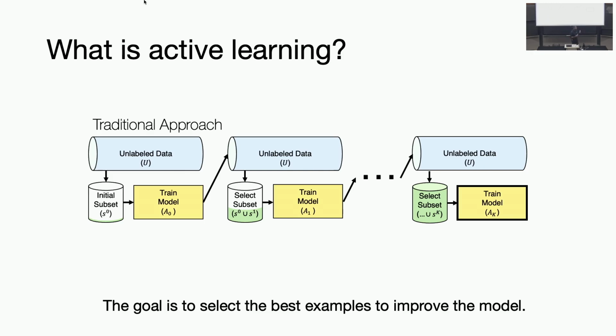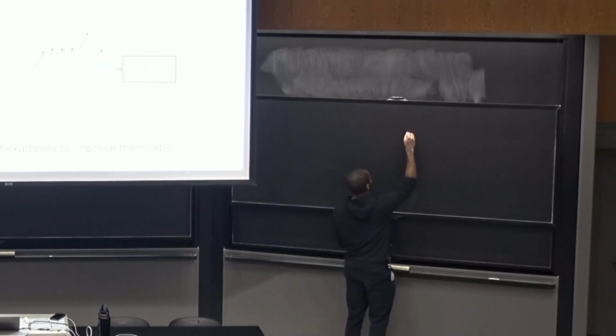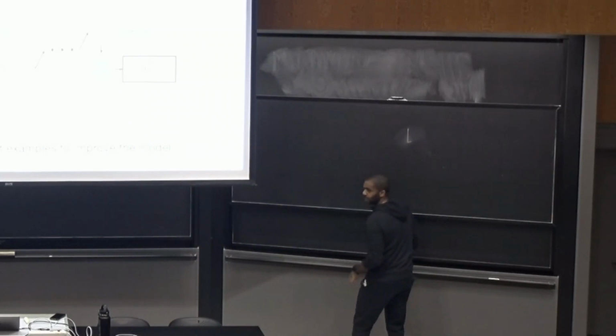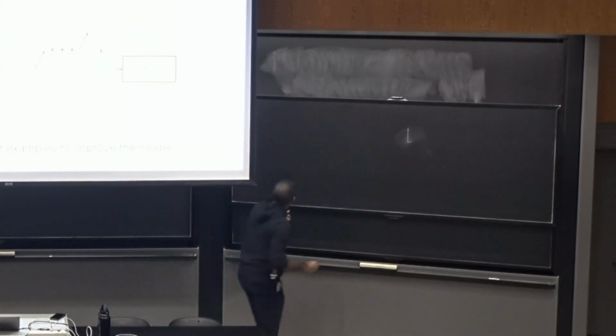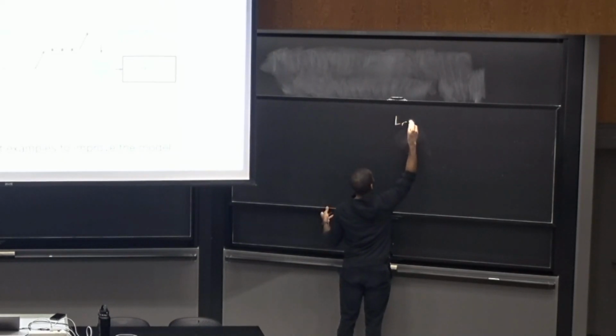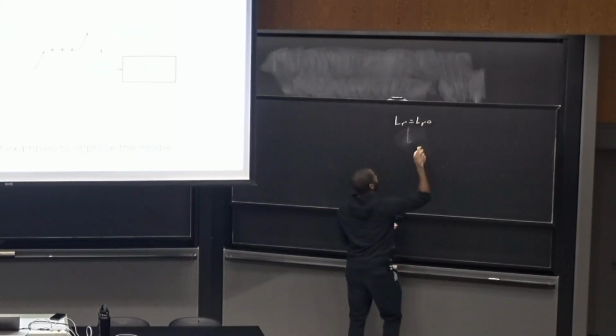So to write this out as a pseudocode example, we start off with some initial labeled set. So we'll have some initial labeled set that will make our labeled data, L equals L-naught. So that's that seed set that we just talked about.